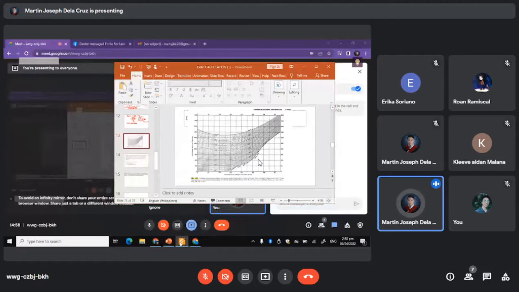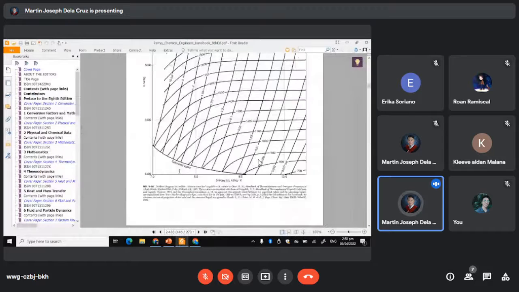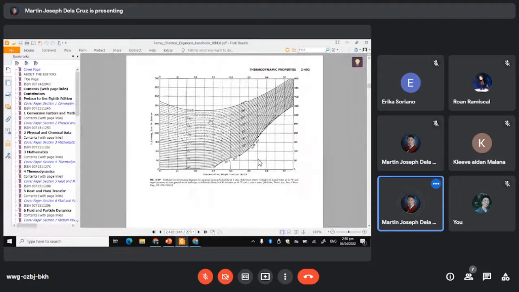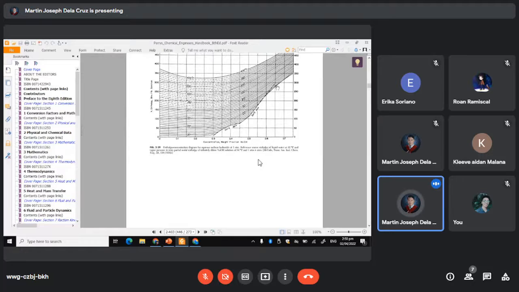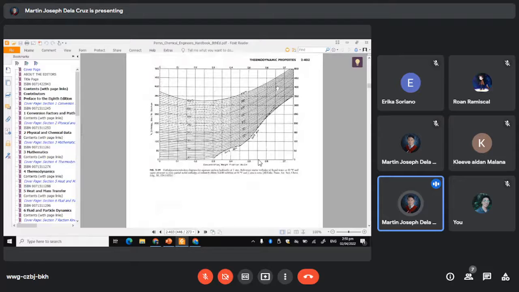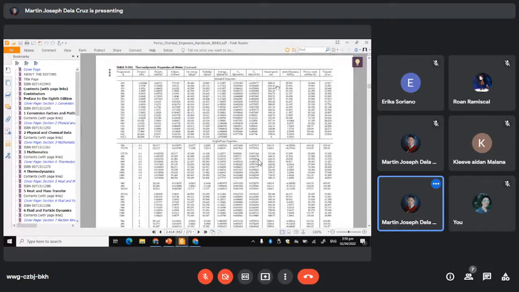So, we have here your water. Ito class. Ito. No? Sodium hydroxide. Yeah. It's page 2-446. Okay? So, yun class. Balik ko na kay water.